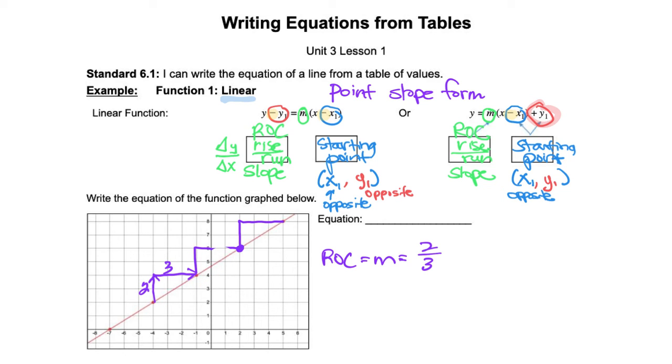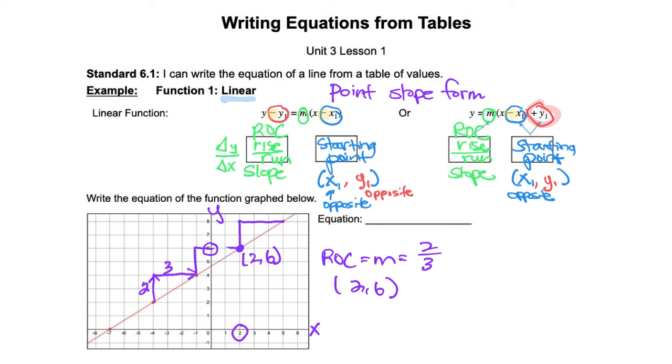If I look at right here where my cursor is, it's somewhere between 4 and 5, and we don't have an exact value. Maybe it's 2/3. It's really hard to tell. We're not going to use that because we don't know exactly what that is. So we're going to pick a point that we do know. I'm going to use this point 2, 6 right here where my x value is 2 and my y value is 6.